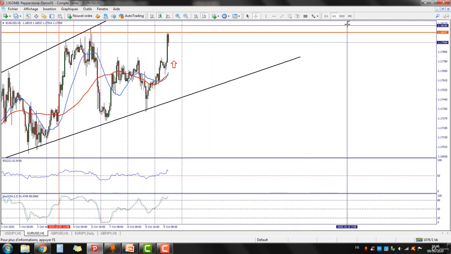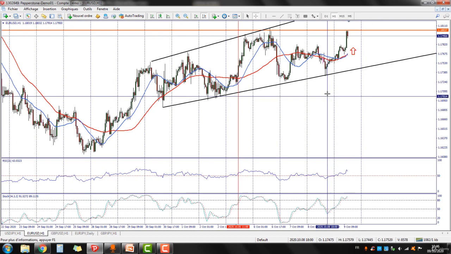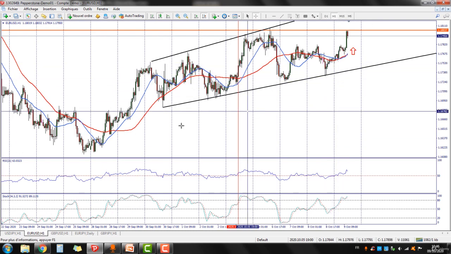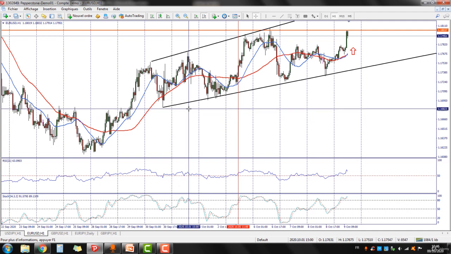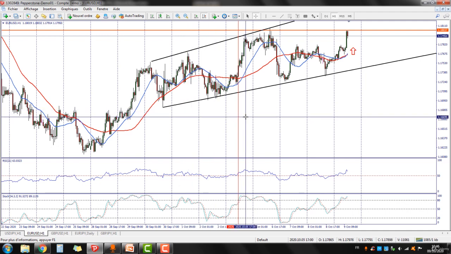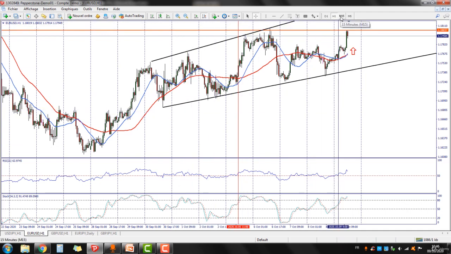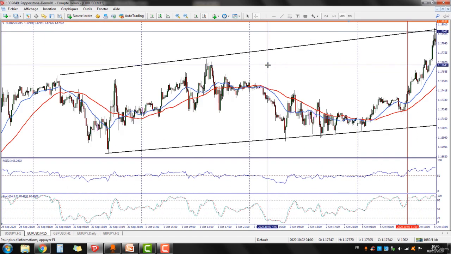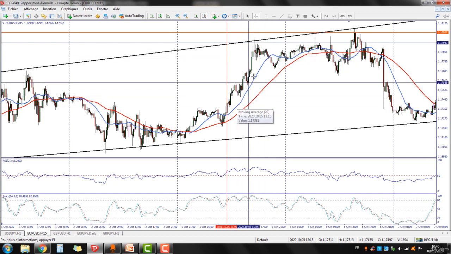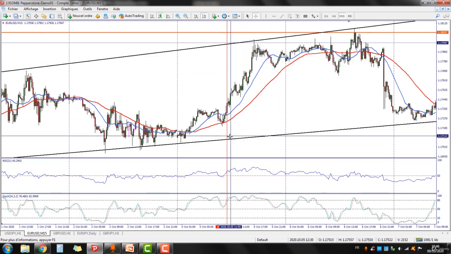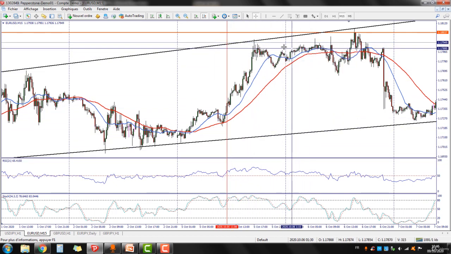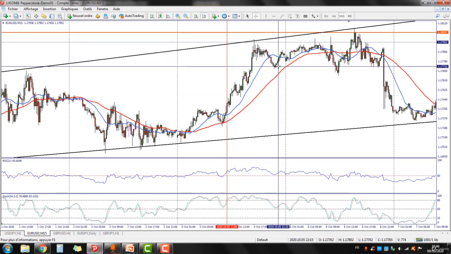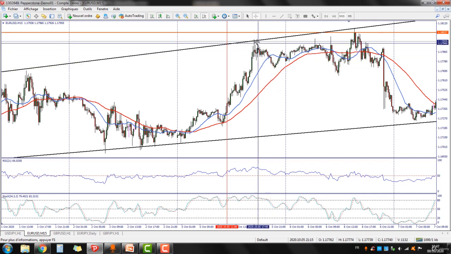So that's the point that I want you guys to understand, that sometimes in the H1 you can see that the market is trending, but in M50 you can find it ranging or correcting. So this is the case. In H1 the market is trending, but here in M50 at 21:40 the market is ranging.